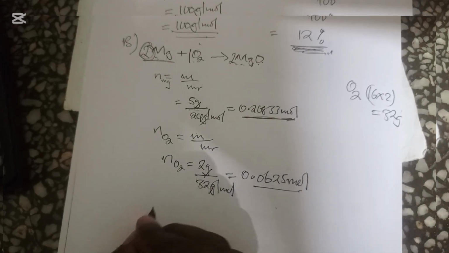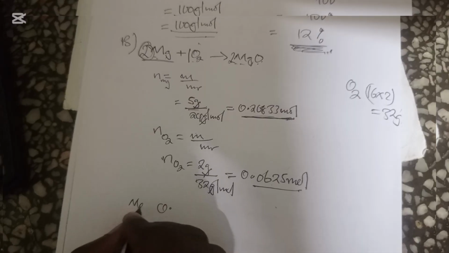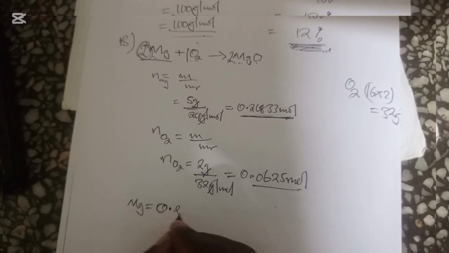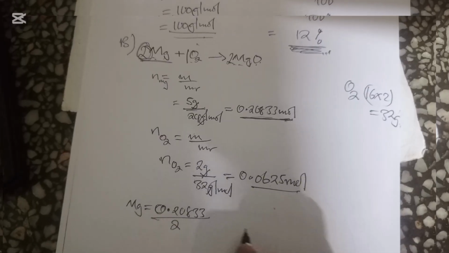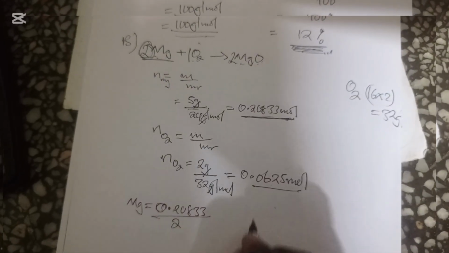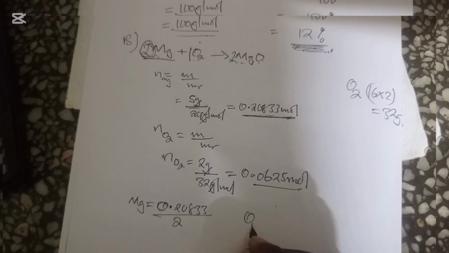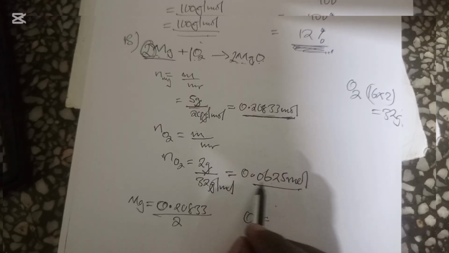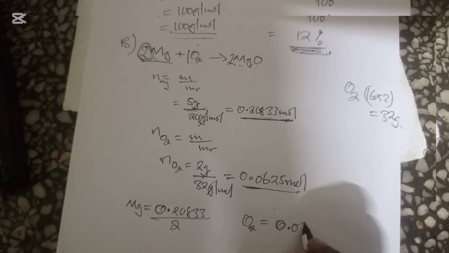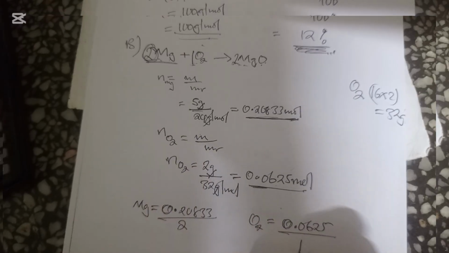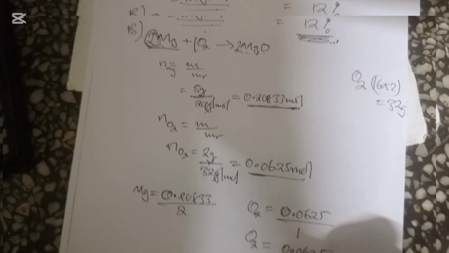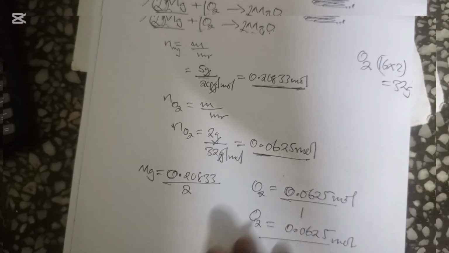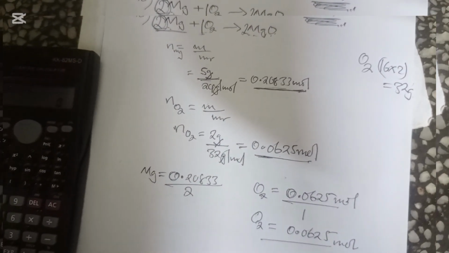So you divide 0.20833 by 2. You also do the same for oxygen. The number of moles that you calculated is 0.0625, and you divide by the number of moles in the equation, which is 1. Dividing by 1 doesn't change anything, so you get the same answer, 0.0625.